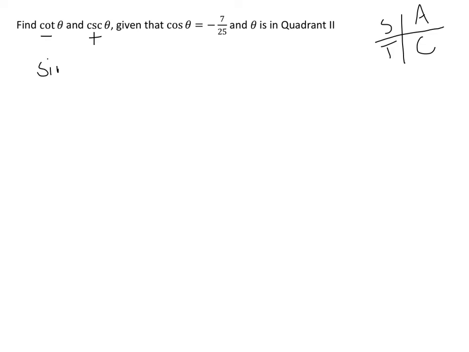Sine squared of theta plus cosine squared of theta is equal to 1. What I'll do is I will replace cosine squared of theta with my fraction, and I will square it.